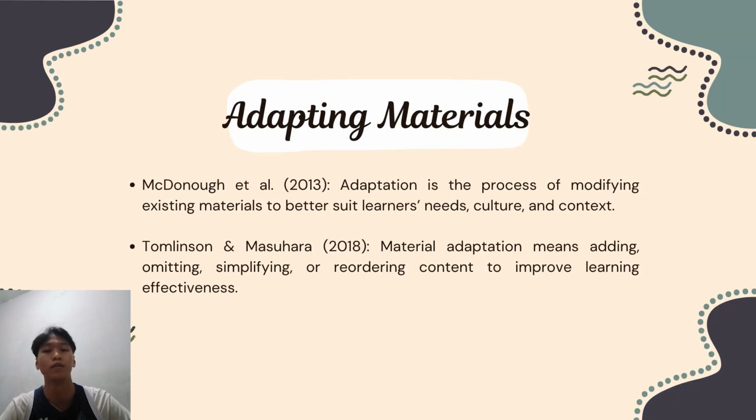Also, the third is adapting materials. According to McDonald in 2013, adaptation is the process of modifying existing materials to better suit learners' needs, culture, and context. According to Tomlinson and Masuhara in 2018, material adaptation means adding, omitting, simplifying, or reordering content to improve learning effectiveness.